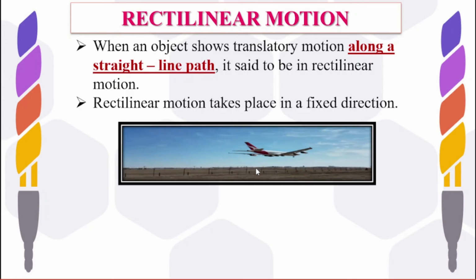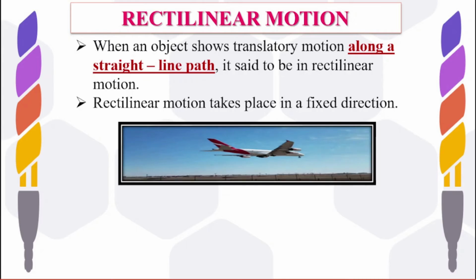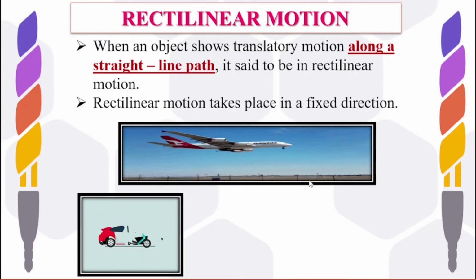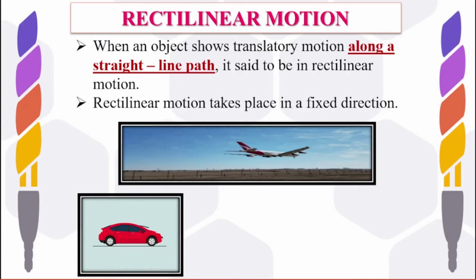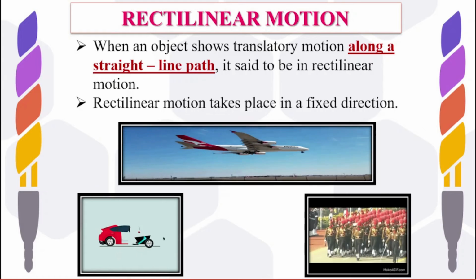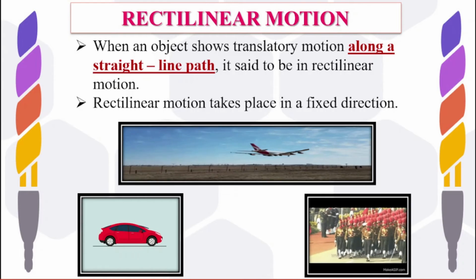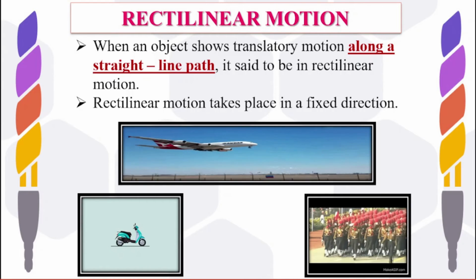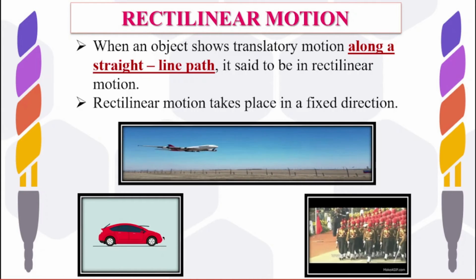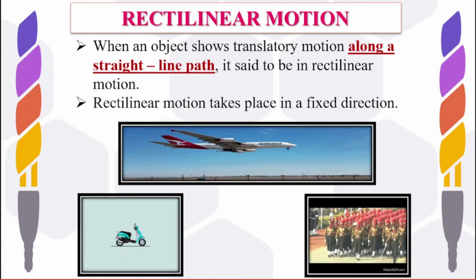When an aeroplane takes off from the ground, it moves in a straight line on the road. A car or bus moves along a straight line road. And a march past moves along a straight line path. These are the examples that explain rectilinear motion.